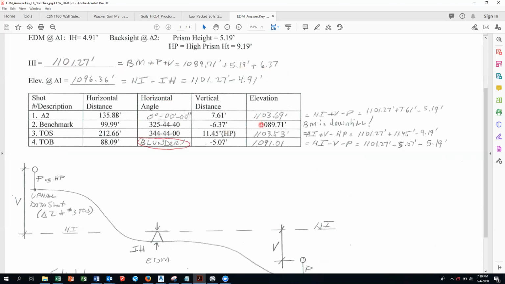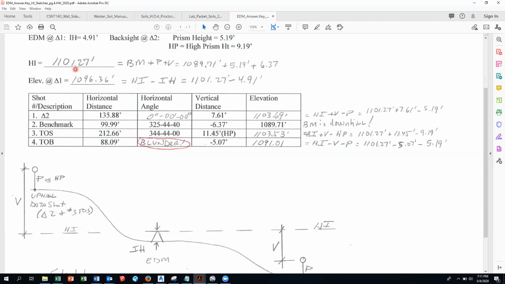So it's 1089.71 plus 5.91, which is P, right there, plus V. And V, you could say that's plus an absolute value, but if you draw the sketch, it just makes sense. You don't throw in that negative. This is just for establishing HI. And so that is 1101.27.